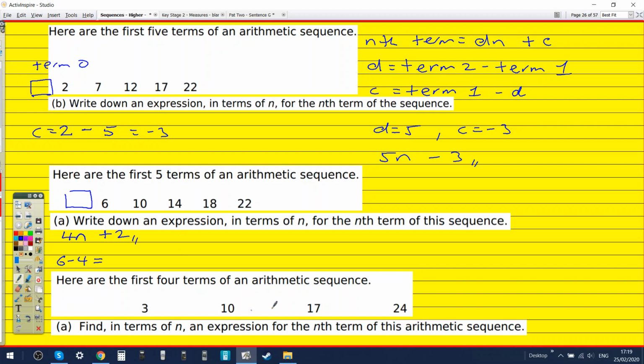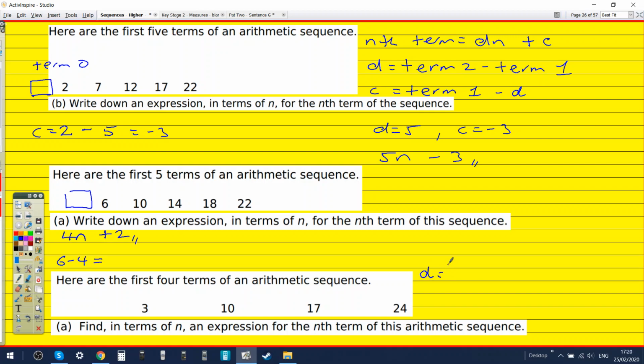And last one. 3, 10, 17, 24. And so what's the common difference?